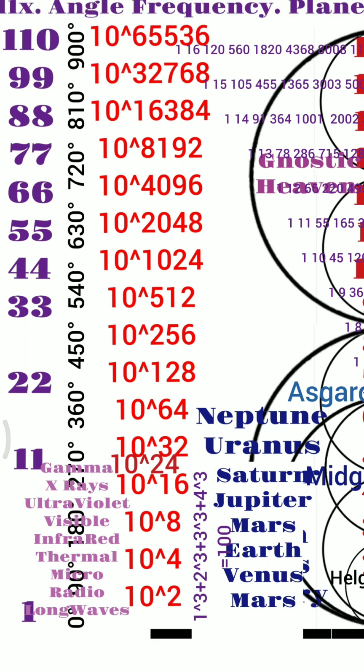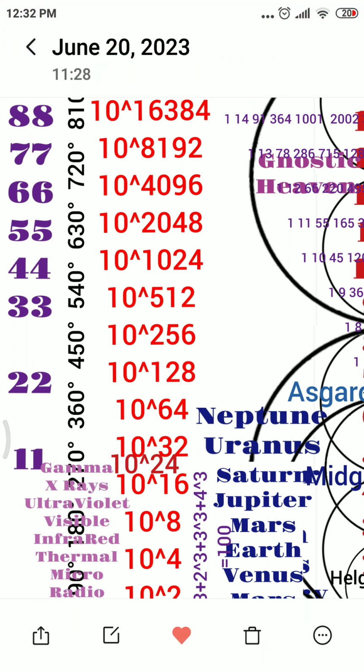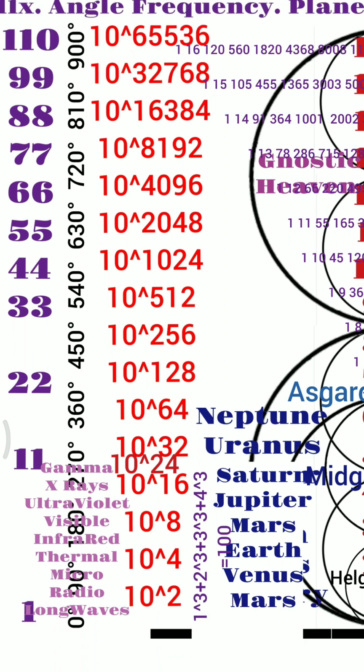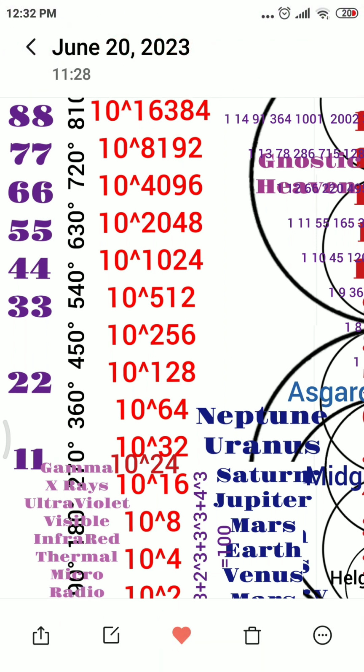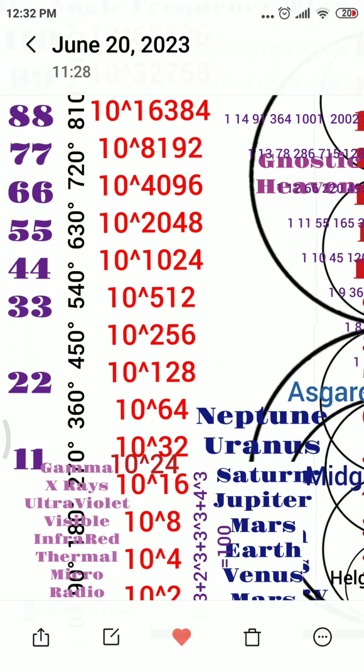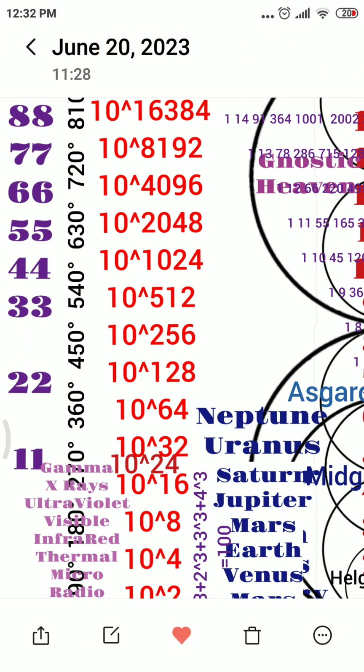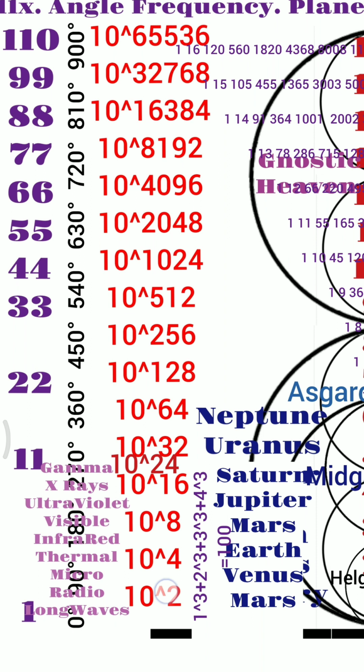Those are also invisible, but used for other purposes. The radio wave and the thermal wave are most important. The thermal wave is 10 raised to 4, and the radio wave is 10 raised to 2. So this is going by the electromagnetic radiation also.